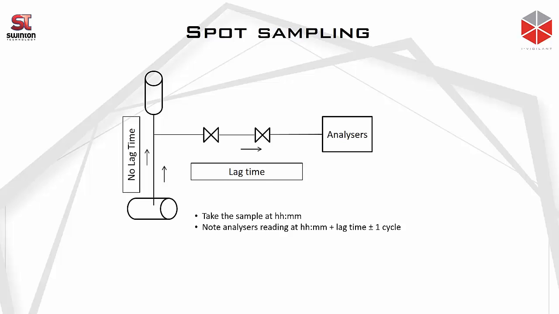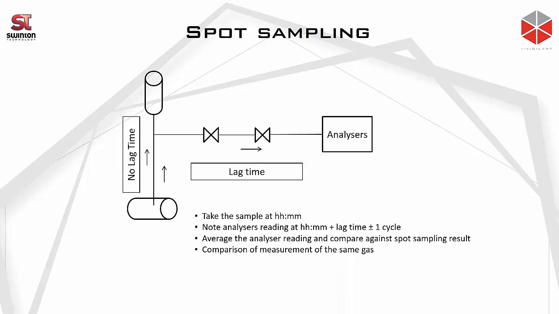What we get is basically the result of a reproducibility test, because we are measuring the same gas with two different methods. Because we are not really sure, sometimes the lag time can be plus or minus 1 or 2 minutes, or probably more. We probably want to take the average of the analyzer reading and compare it against the spot sampling.